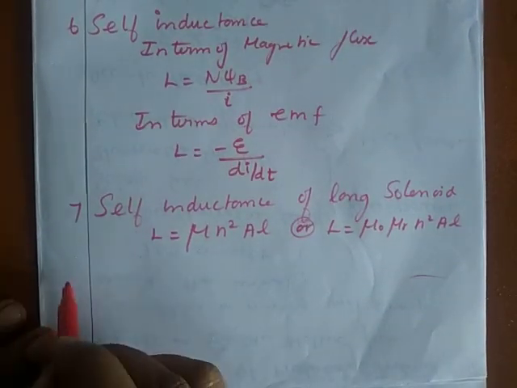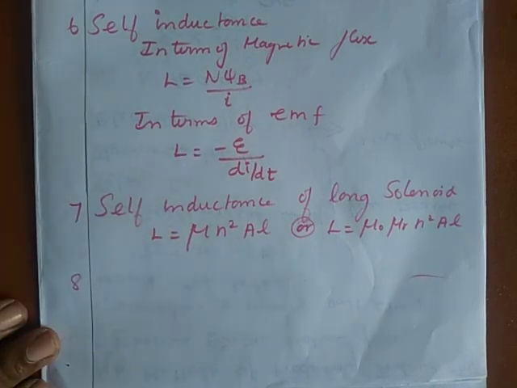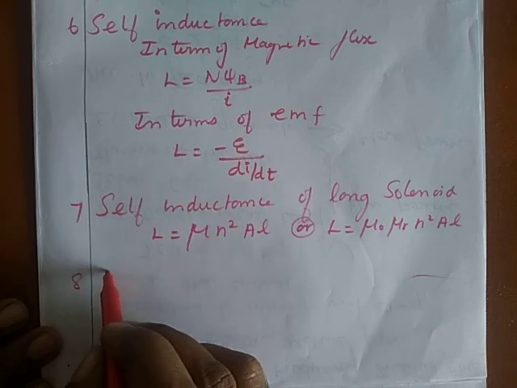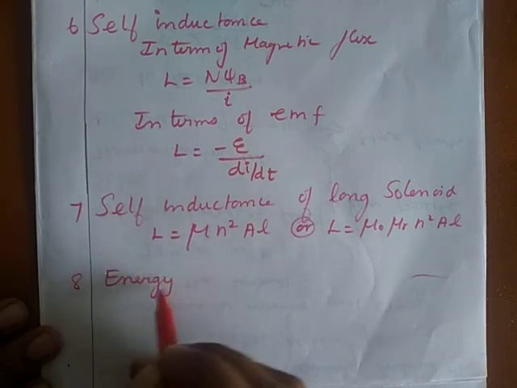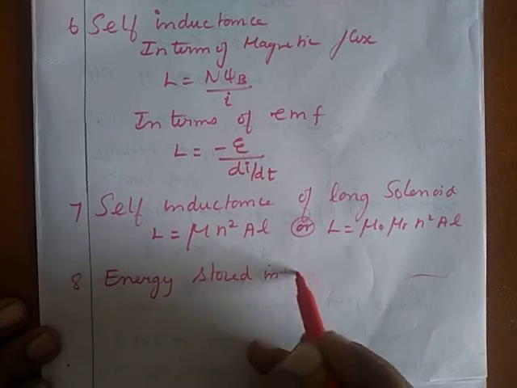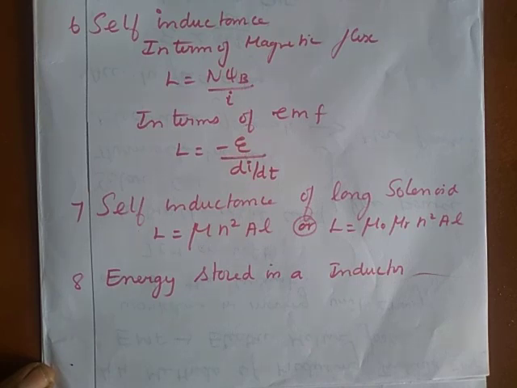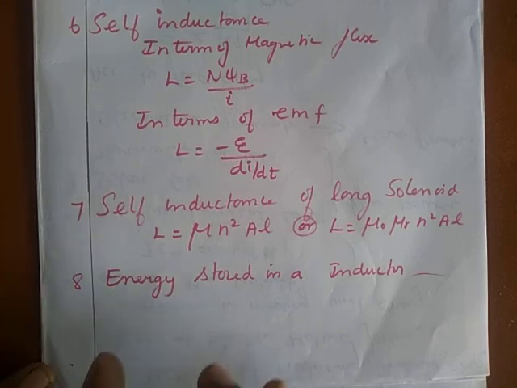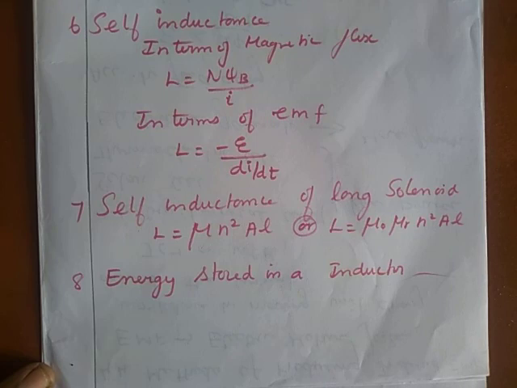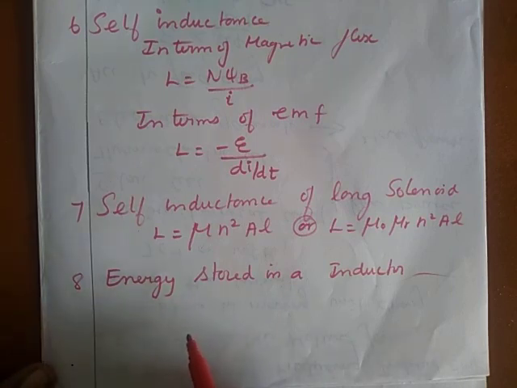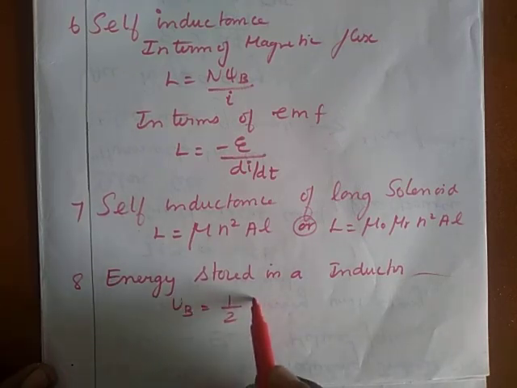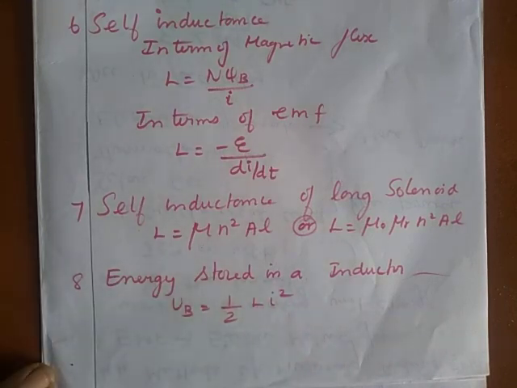Then next, let me go for the 8th one, that is energy stored in an inductor. We know an inductor is a device that is used to store magnetic energy in the confined magnetic field. That means it stores electrodynamic energy. That is represented as U B, that is equal to half L I square. This is the energy stored by the inductor.